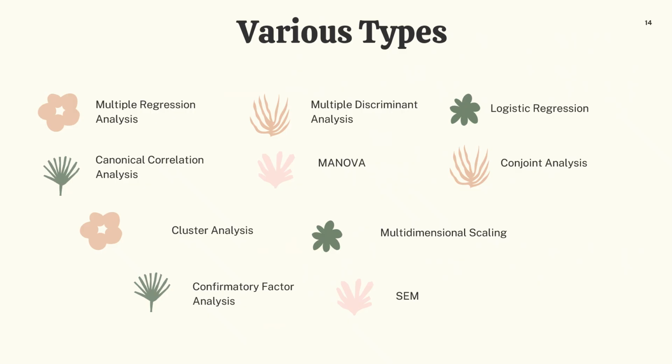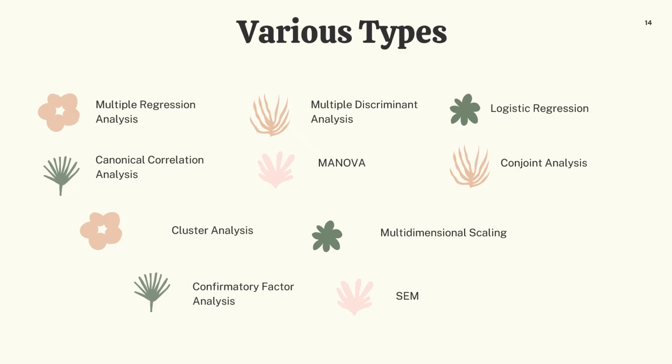There are several other important multivariate techniques involved in the introduction. Multivariate regression analysis predicts an outcome using multiple independent variables. MANOVA, or multivariate analysis of variance, examines group differences across several dependent variables simultaneously.